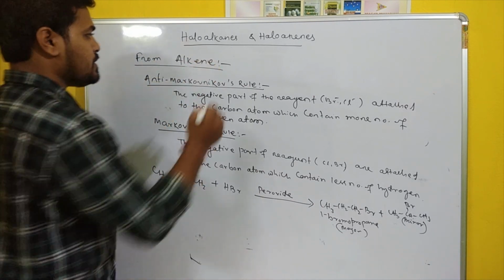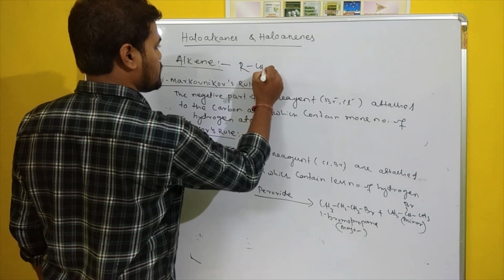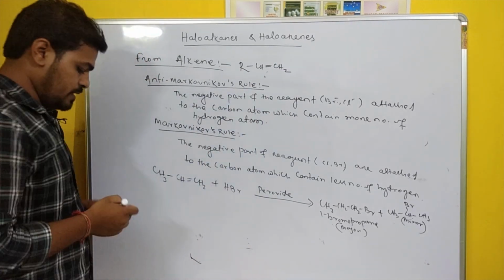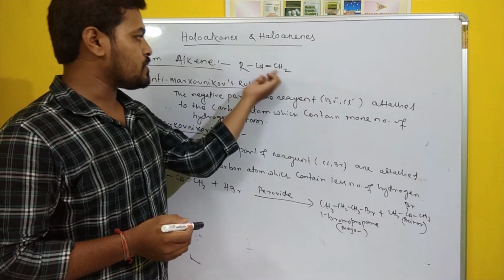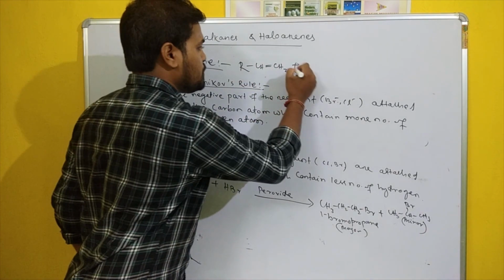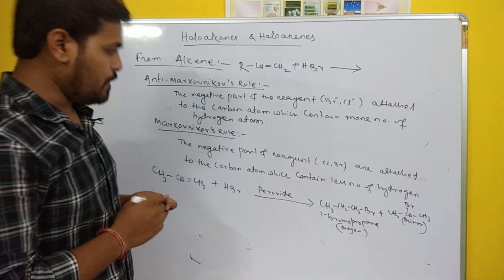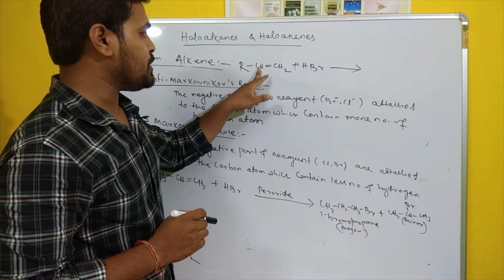In alkene there are two positions where we can attach a halogen atom. If we react with HBr, there are two possible ways we can attach this bromide ion. We can put it here, or we can put it here.